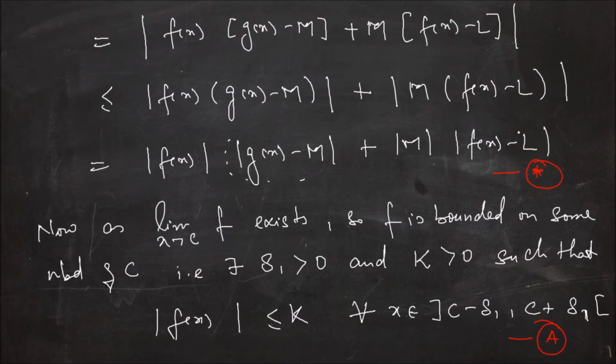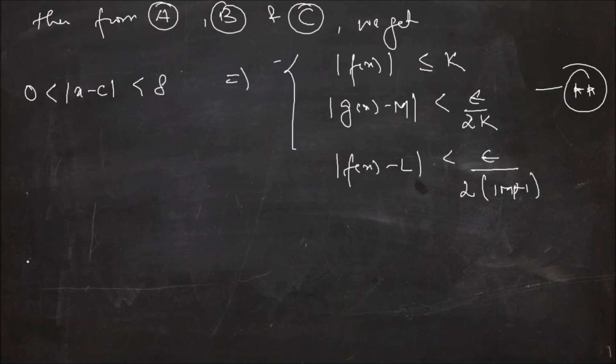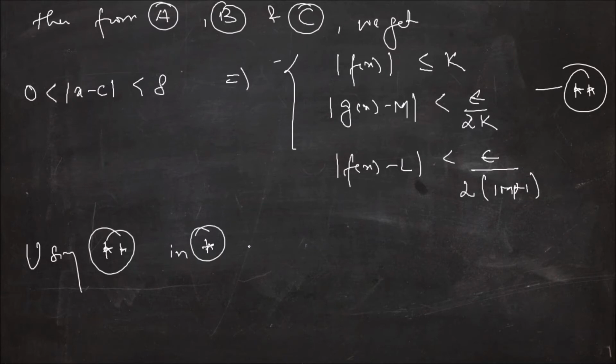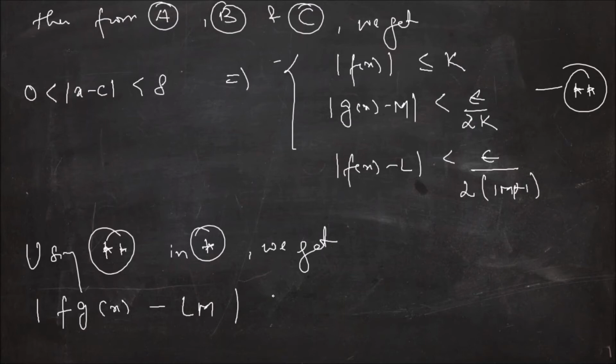I will use it in star. This is our star. I will use that double star in this star. So using double star in star, we get mod fgx minus Lm is less than k times epsilon by 2k, for 0 less than mod x minus c less than delta.